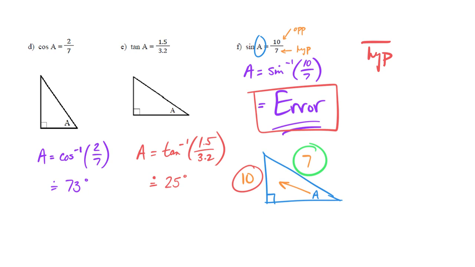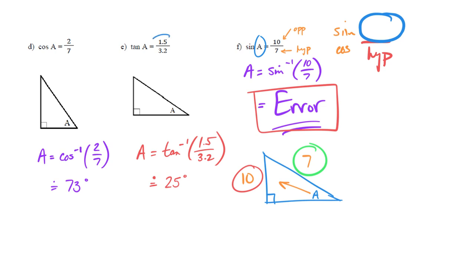What that means is my top for sine or cos has to always be less than or equal to the bottom. In particular, my top cannot be bigger than the bottom by definition of my side lengths. Pythagorean theorem says the bottom must be the longest side. So that's something to take a note of.